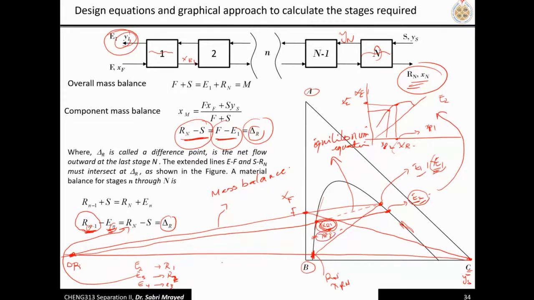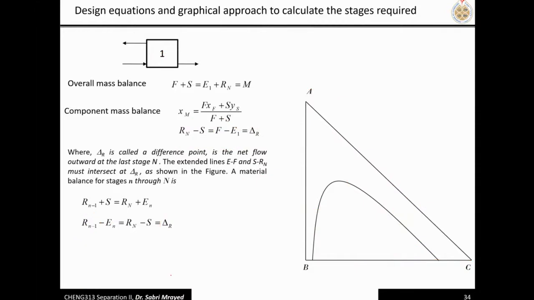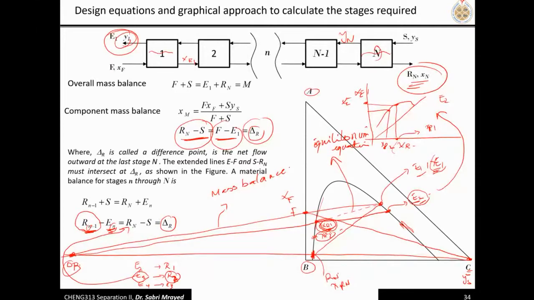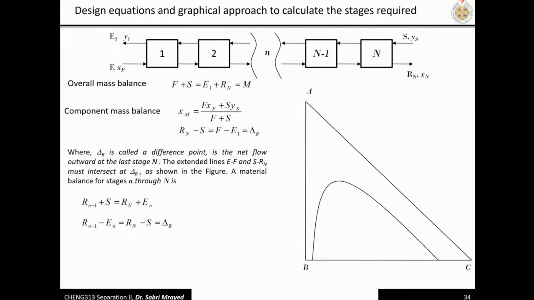Now I know XR2 is going to be related to E3 with delta R. So I connect this one and then extend this line here, and this will be my E3. I continue with this counting down, and every tie line will represent one stage. I continue the counting until I reach somewhere here. And this is exactly what is shown in this diagram.